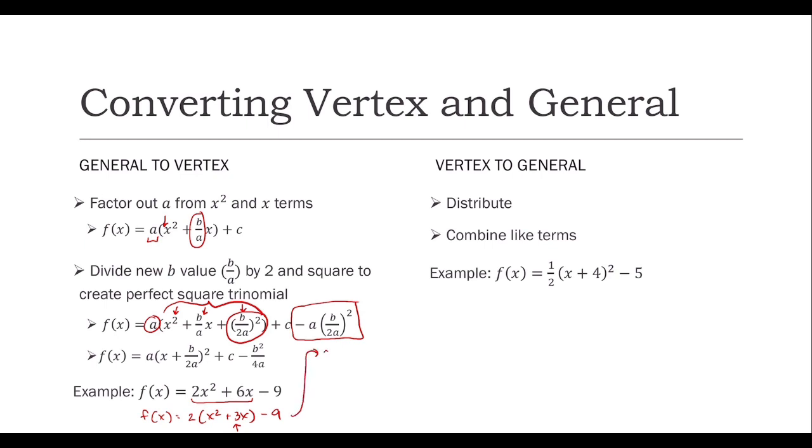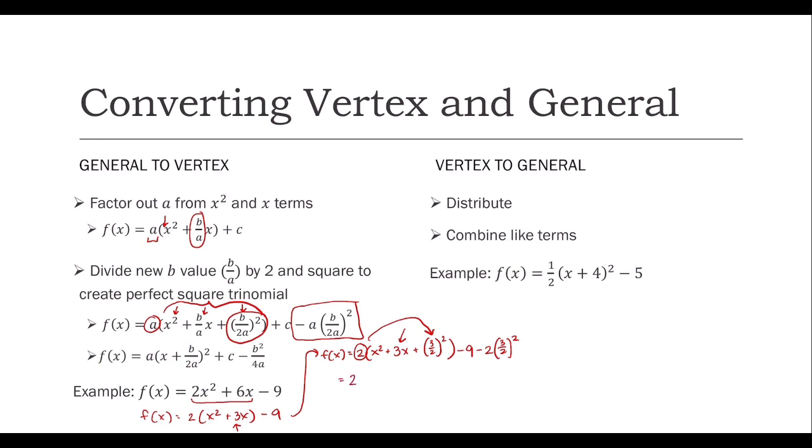So we'll say f of x equals 2 times x squared plus 3x plus 3 over 2 squared, because we're taking our b value and dividing it by 2 and squaring it. So then we still have our minus 9, and now we're going to have a negative 2 times this. So 2 times 3 over 2 squared.